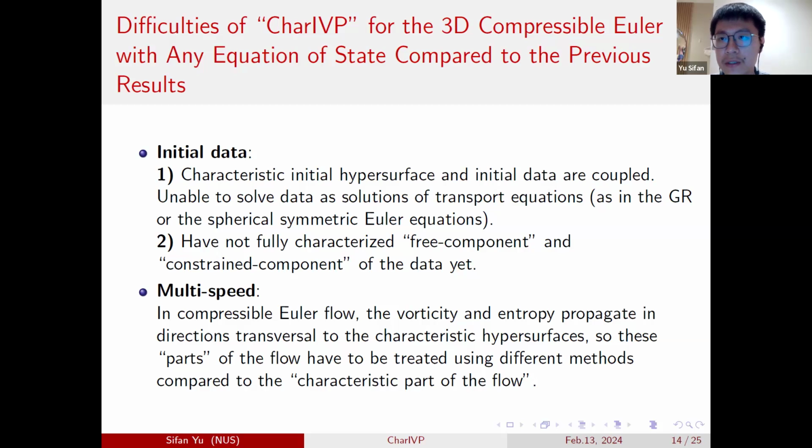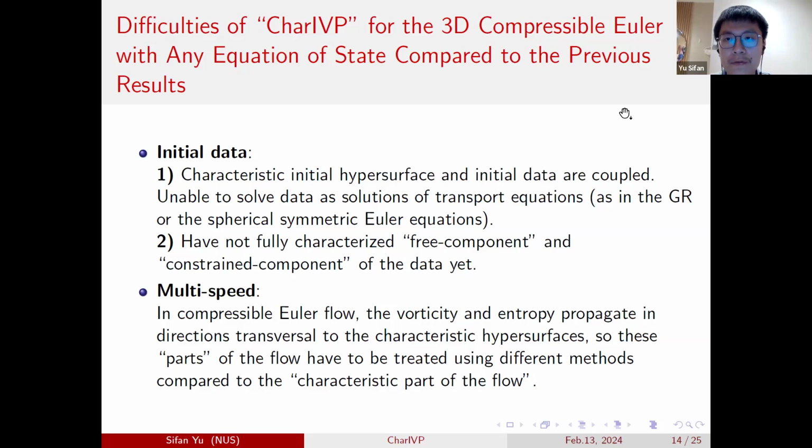You have to construct the data such that they are satisfied. So that divides your initial data into two parts. The first part is the free component, which basically means you can prescribe it on the initial hypersurface freely. The second part is the so-called constraint part. You have to solve for it by using the Euler equations and the free component, which I will provide in detail in the next slides.